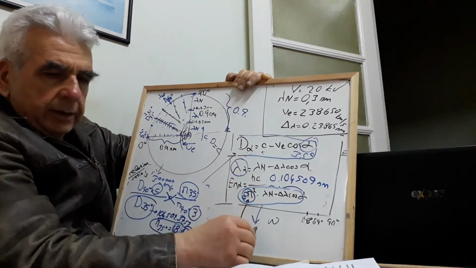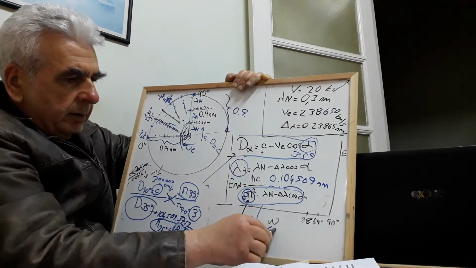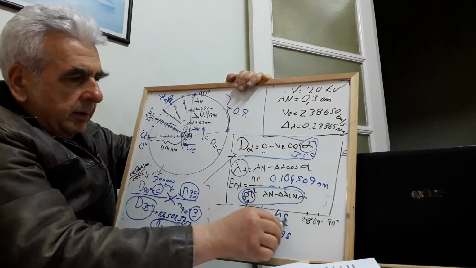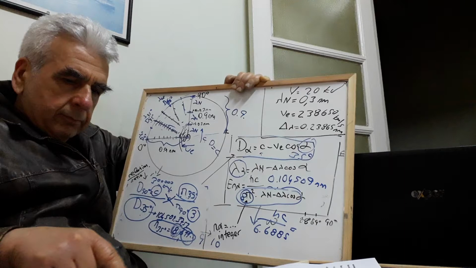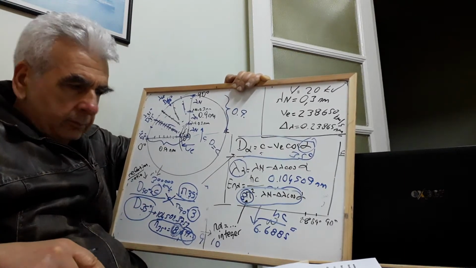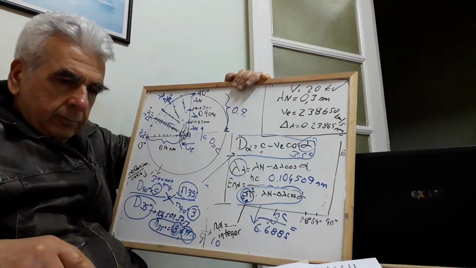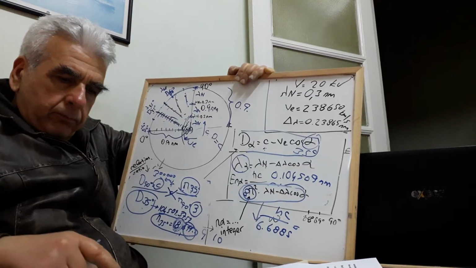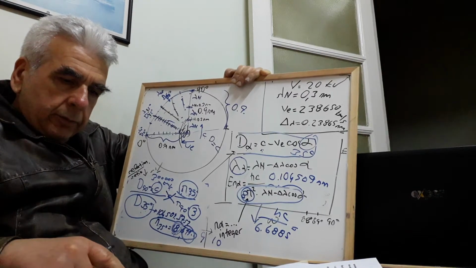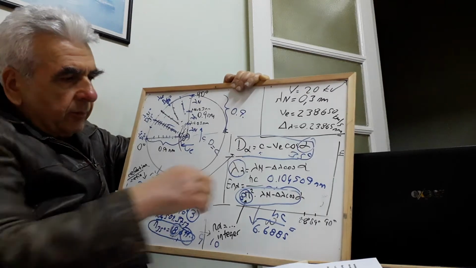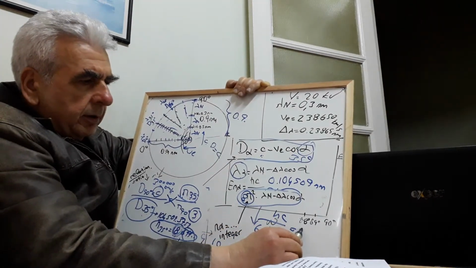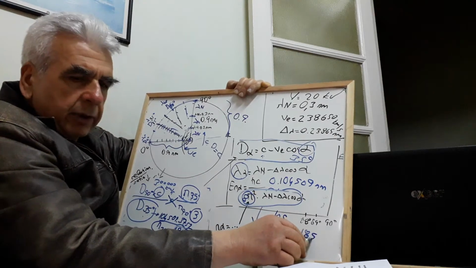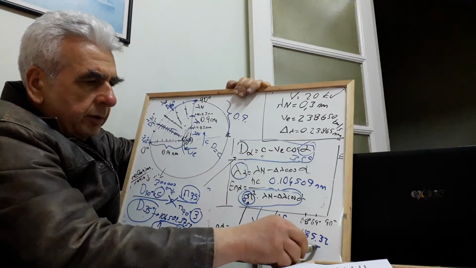Multiplying that, finally 6 point, okay, equal to joule, 1 point, yes, here energy 185.32 eV.